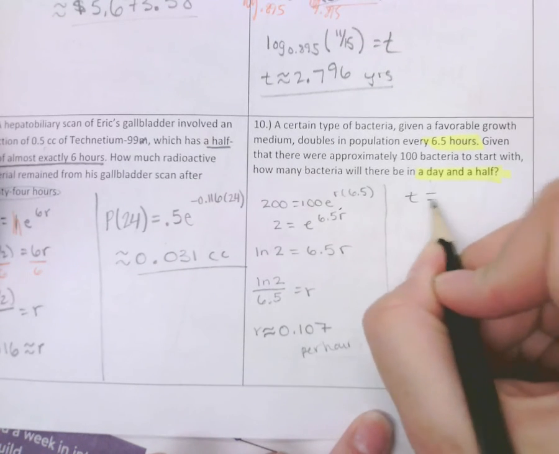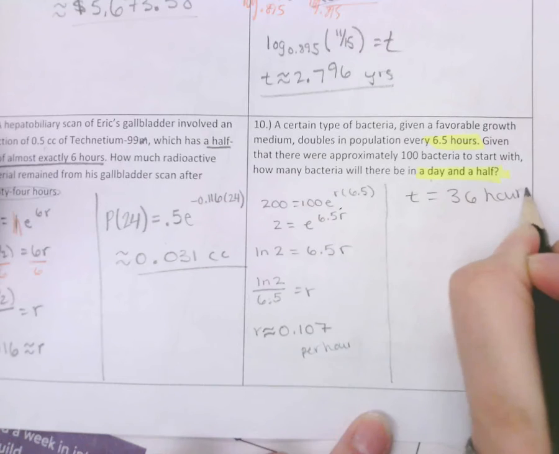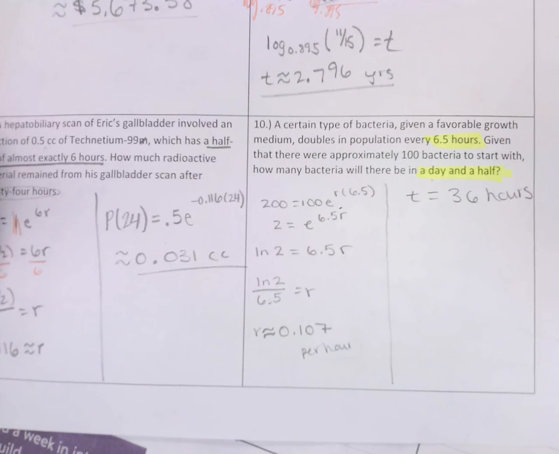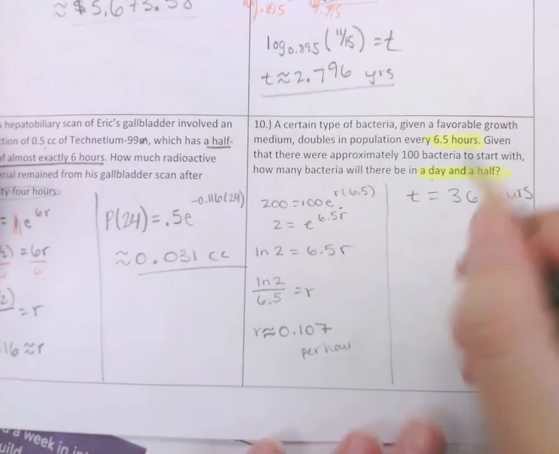So this is going to be 36 hours. You're not going to plug in 1.5 for T, you're going to plug in 36 hours. Your time and your rate are friends. They have to be in the same units. I threw this one in to get you to pay attention to what you're reading. Usually it's years and years or months and months, hours and hours.